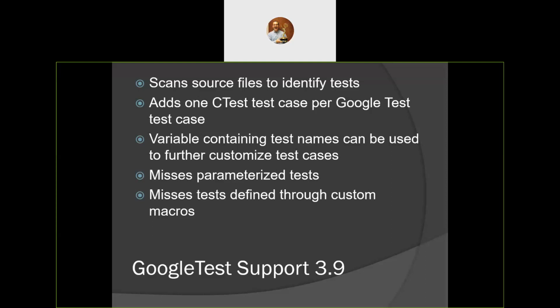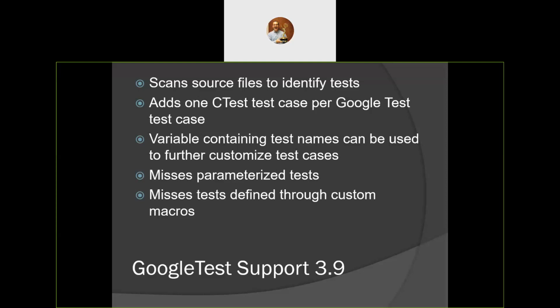Parameterized tests in Google Test give you a way to say, I have a bunch of data values. I want you to run this test over and over again, supplying the data values as a parameter to the test. If you wrote any custom macros for defining your own tests in Google Test, then it would miss that too.